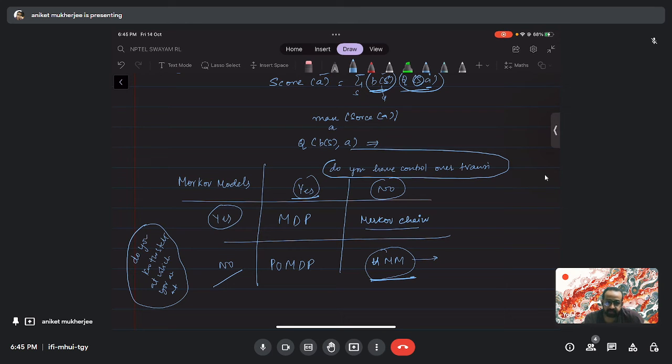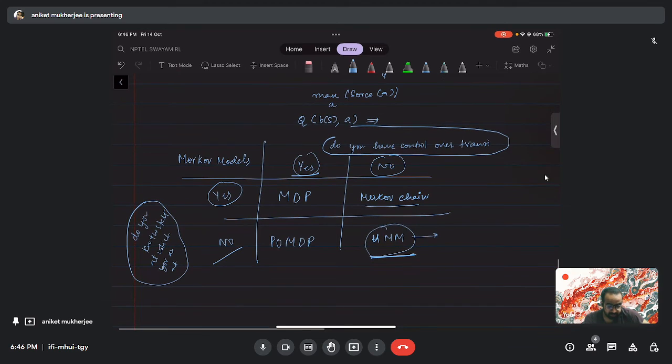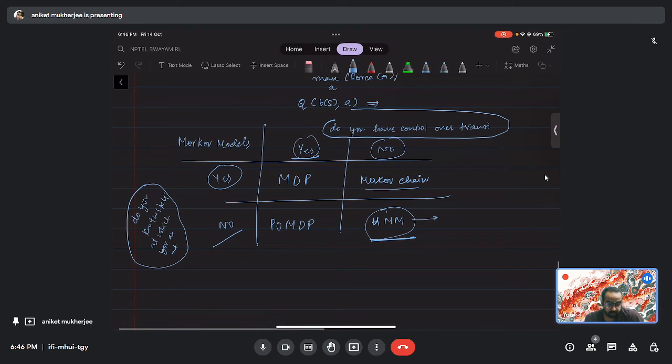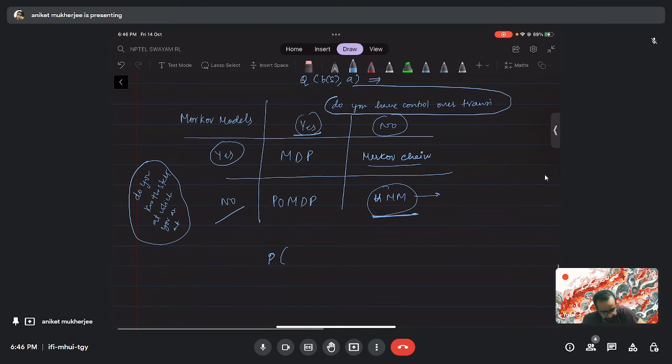Where does SMDP fit in here? The SMDP is completely different. SMDP is part of MDP. And then the order of Markov process: Markovity basically means first order or second order.